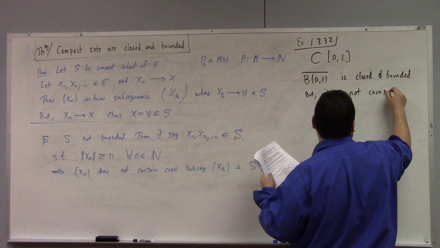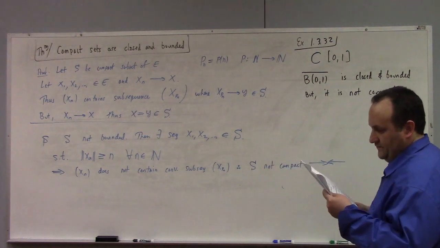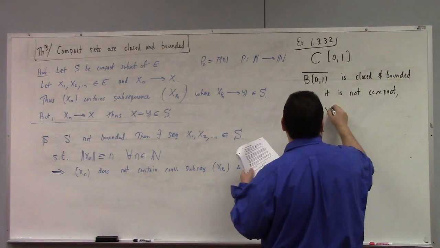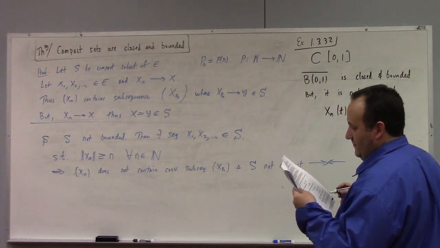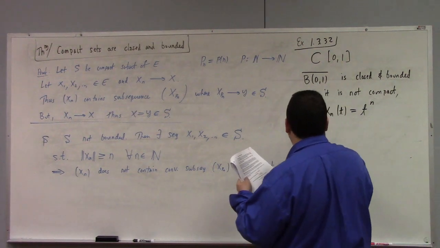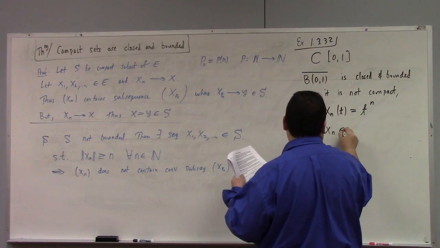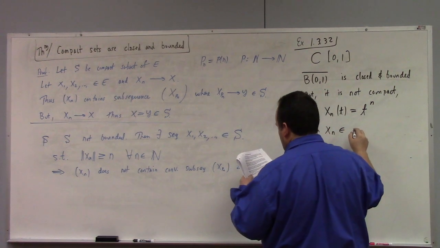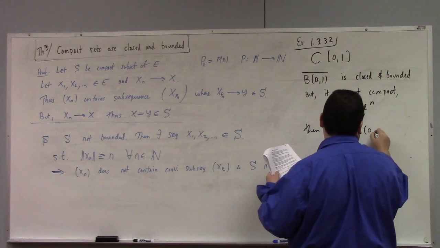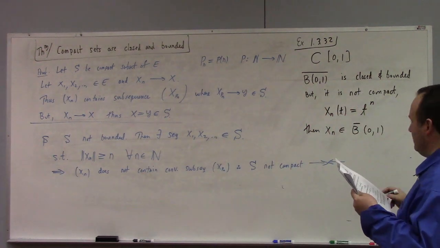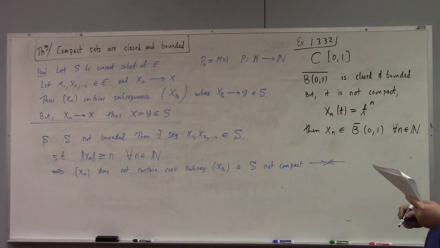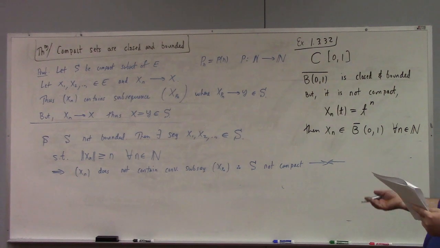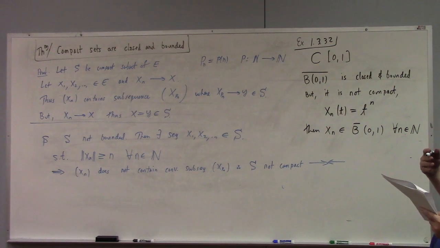And the reason it's not compact, he says, is if we look at x_n of t equal to t to the power n, then x_n is an element of the closed ball centered at 0 of radius 1 for all natural numbers n. And he says clearly, and this is the part that gets me, clearly no subsequence of x_n converges.